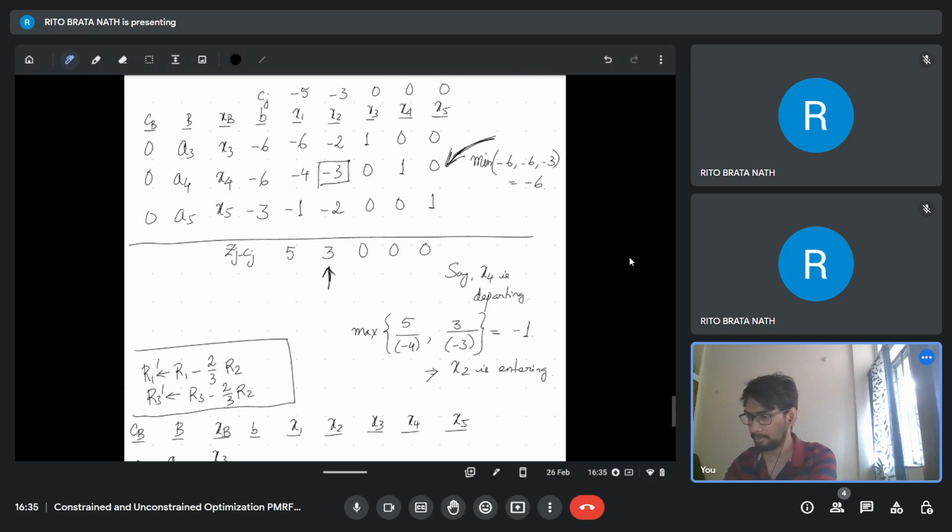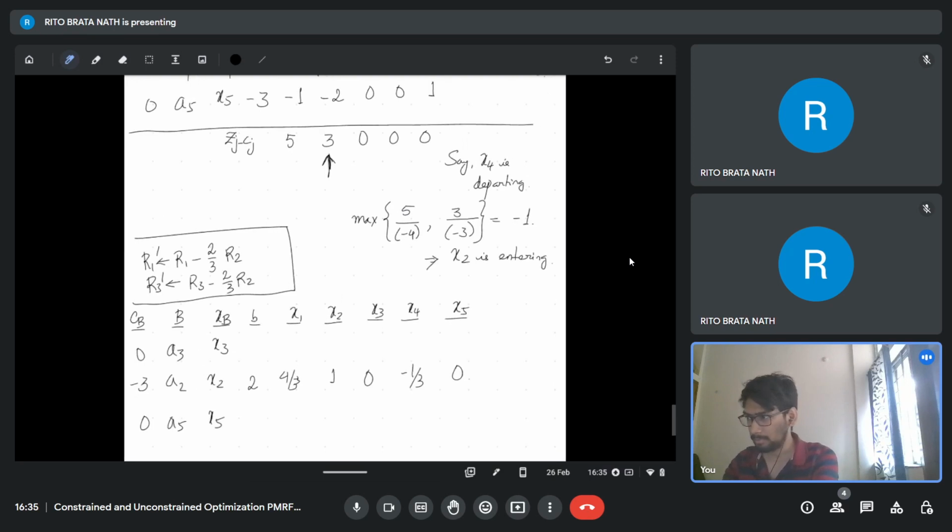So the first one you are dividing by -3. Yes, I've written it correctly. Next one is whatever you had minus 2 by 3. The last one is whatever you had minus 2 by 3.